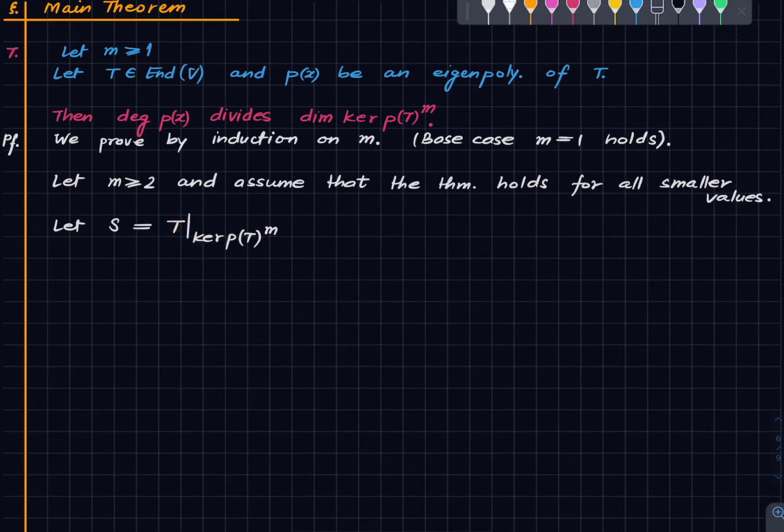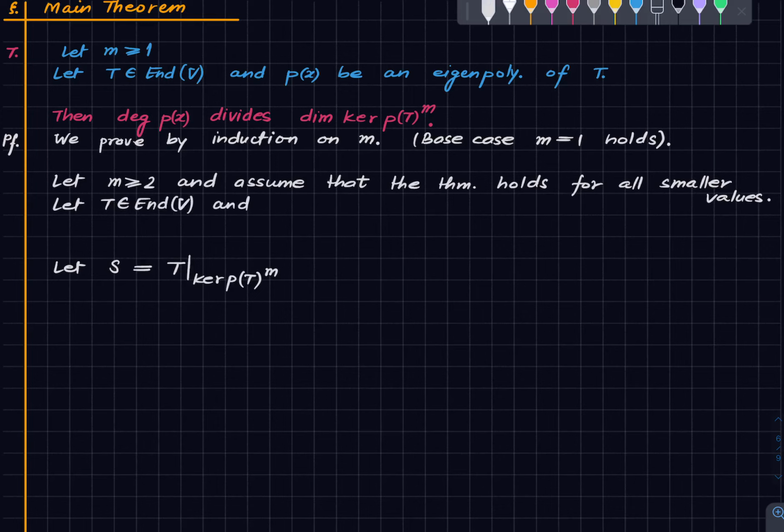So, well, technically I should write this entire thing: let T be an endomorphism and Px an eigenpolynomial, right? And now we are defining, and maybe one more line would be helpful.